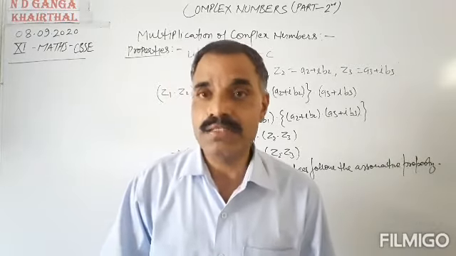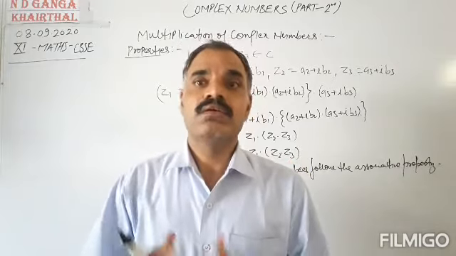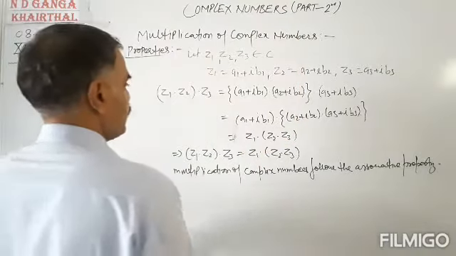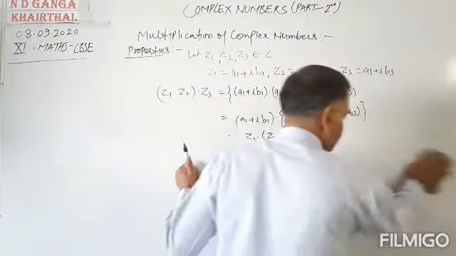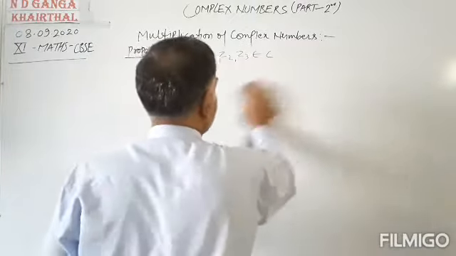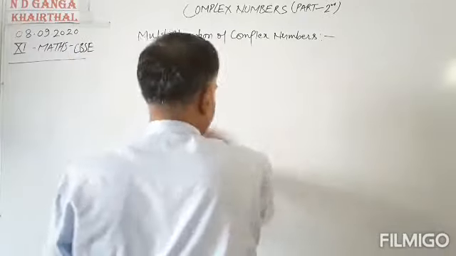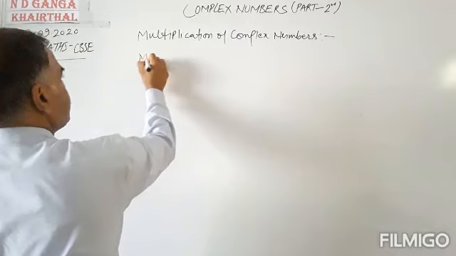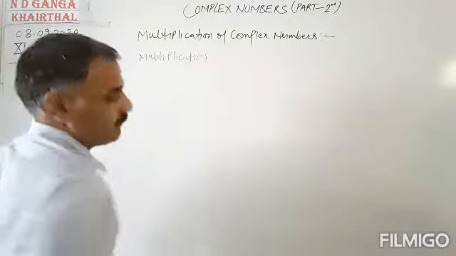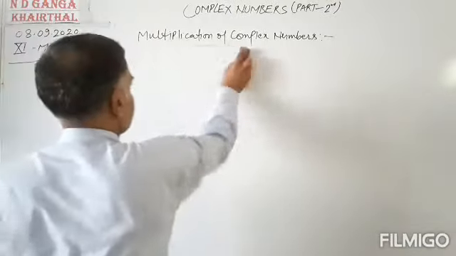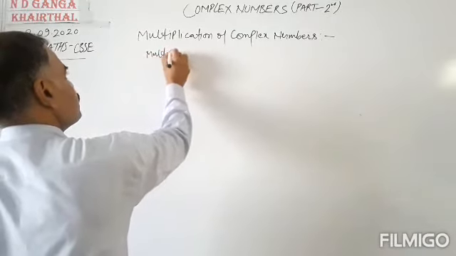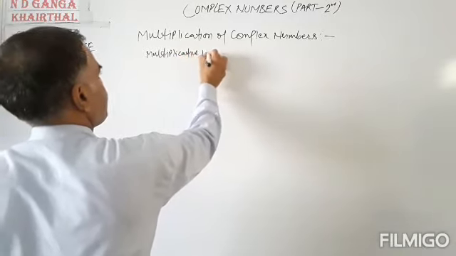Now we will discuss the multiplicative identity of complex numbers. Okay, so the next property is the multiplicative identity, and it is also an important one.